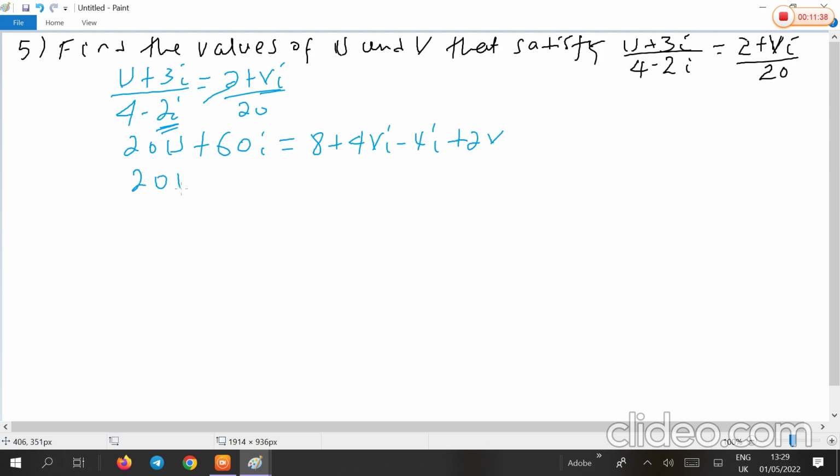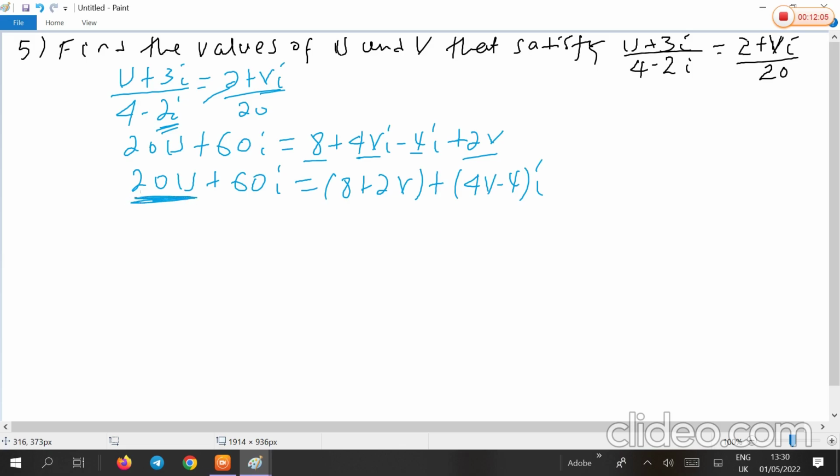So 20u plus 60i equals 8 plus 2v, grouping like terms, plus 4v minus 4i. Two complex numbers are equal when the real part of the first equals the real part of the second.